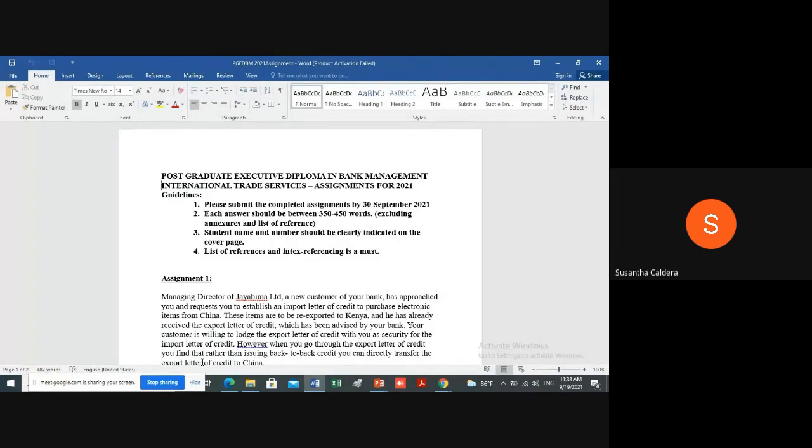In-text referencing is if you are quoting anything, or if you are taking anything from the books or internet or certain articles. So those things you have to give the reference, right?